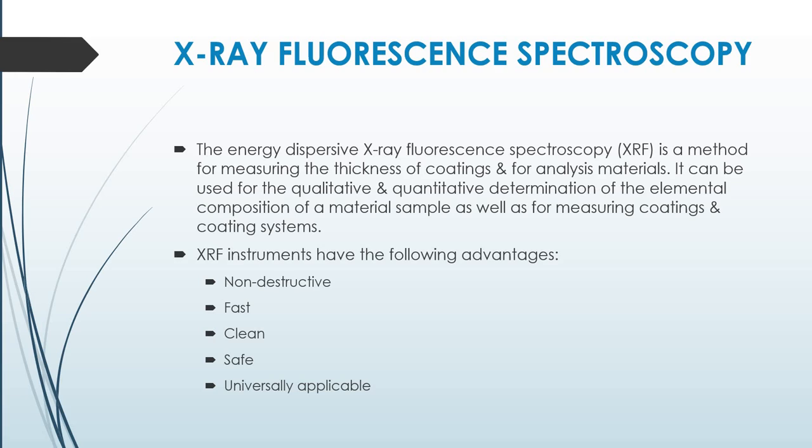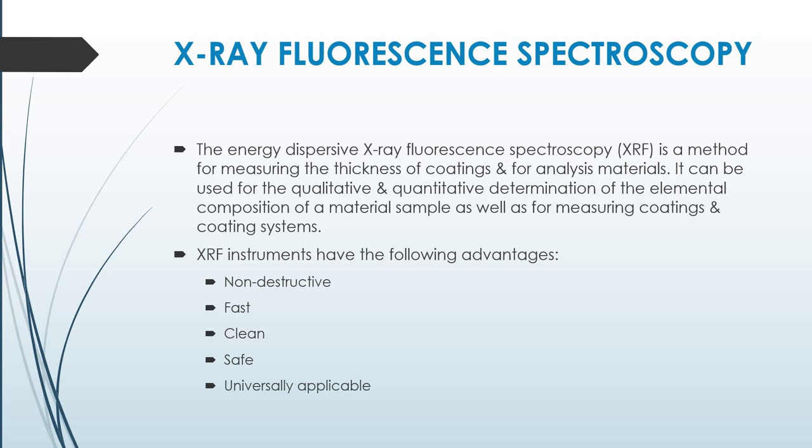First is non-destructive. The X radiation has absolutely no lasting influence on the material. It fully retains its quality. Next is fast. The XRF method needs very simple sample preparation and short measurement times in the range of seconds, rarely longer than 1 minute. Next is clean.